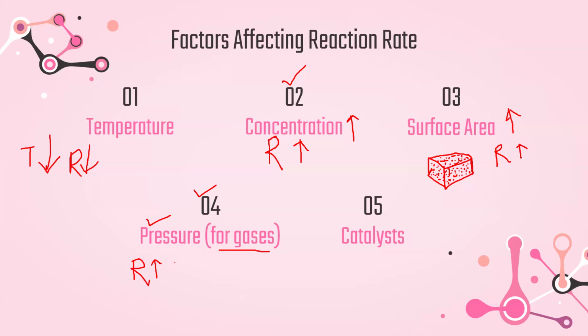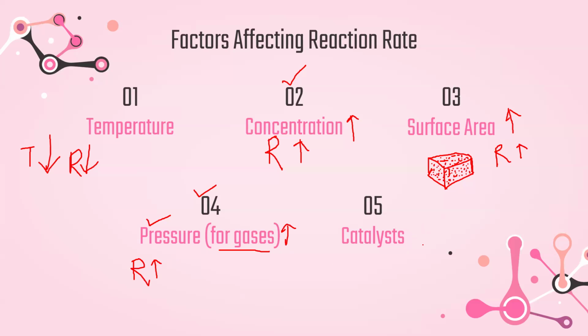Why? Because there's going to be a lot of pressure on the gases, and there are going to be more collisions because of the increase in pressure, and they are going to undergo the reaction much faster. So when we increase the pressure, the reaction rate also increases. When we decrease the pressure, the reaction rate decreases.